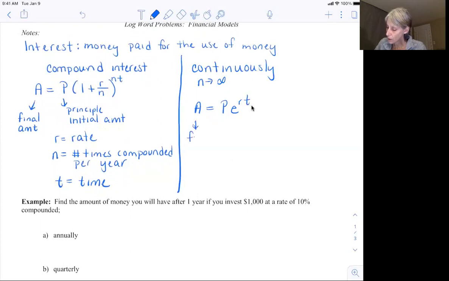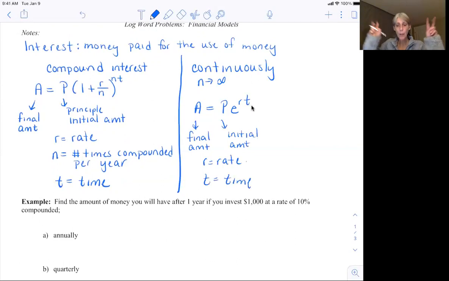A is still the final amount. P is your initial amount, or the principal, what you walk in the bank with. R is still your rate, and T is still time. E is our number e.